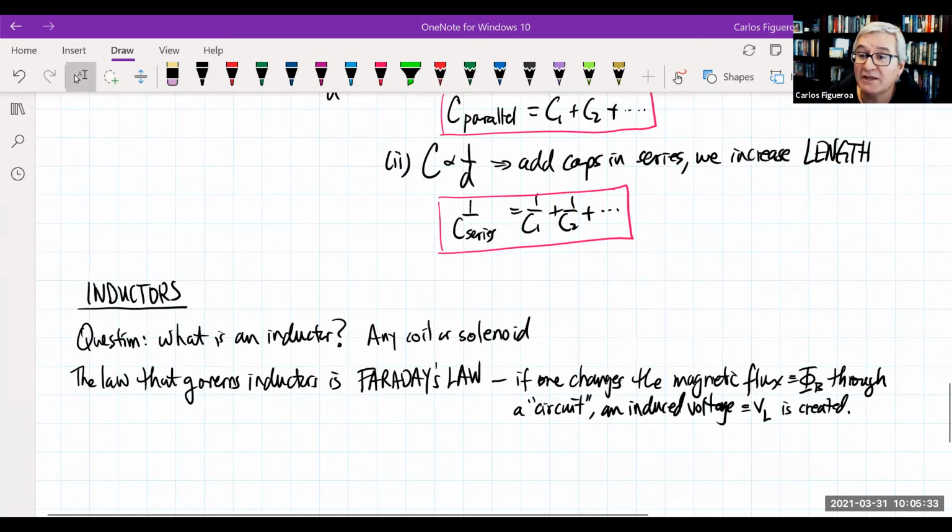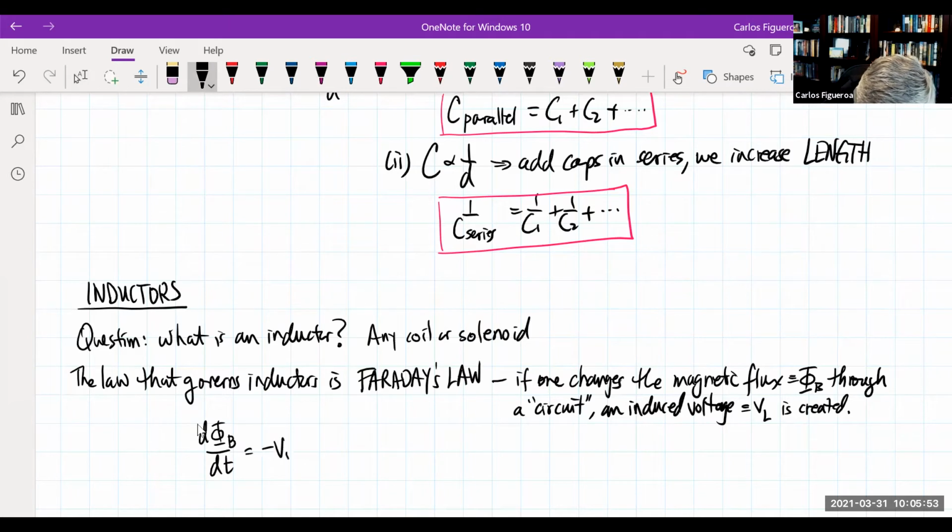But one of the things that you want to pay attention to is that anytime you change the magnetic flux through an enclosed loop, you typically call this V induced. But any circuit is an enclosed loop.